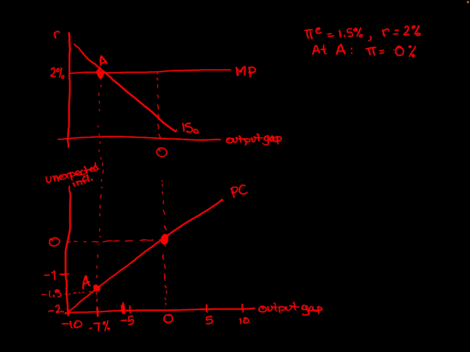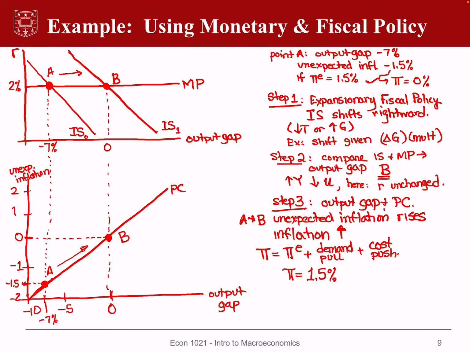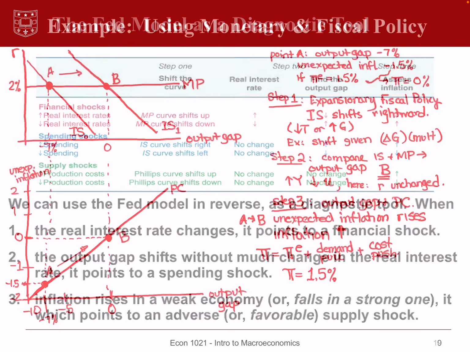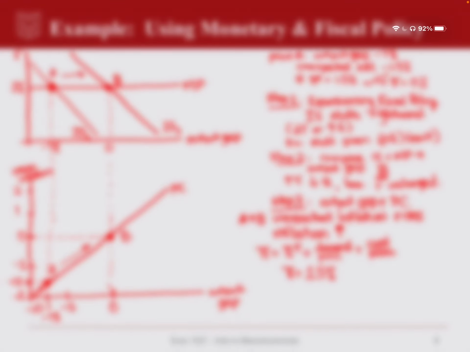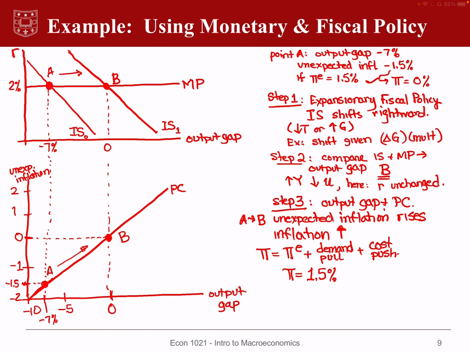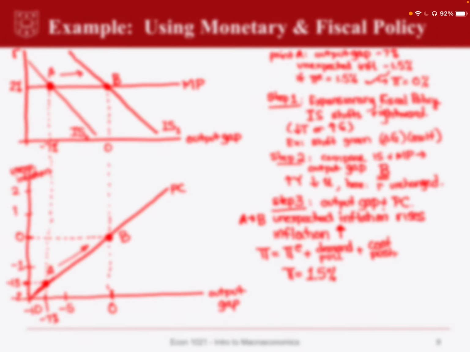And so could monetary policy and fiscal policy work together to close this output gap? Of course. Again, we could imagine using both expansionary monetary policy and expansionary fiscal policy.